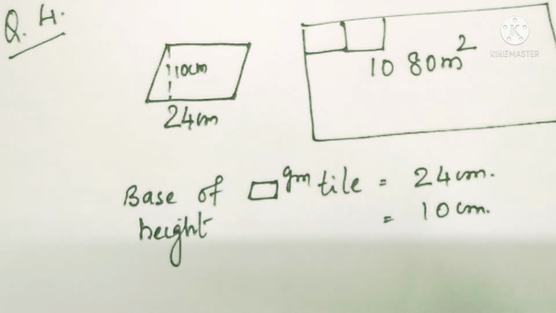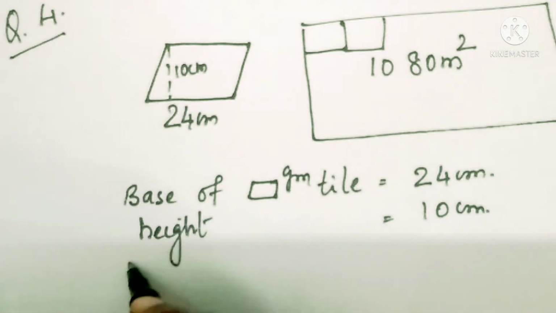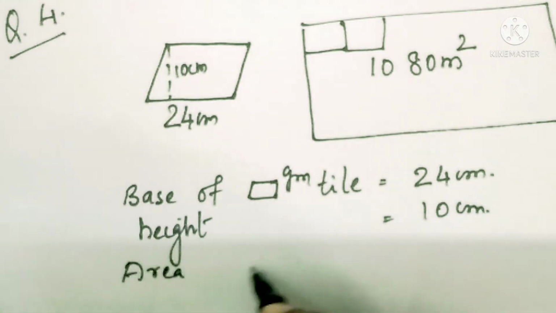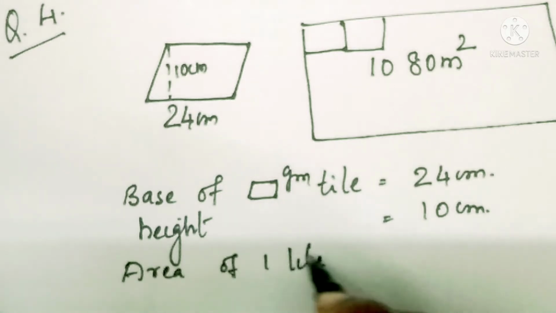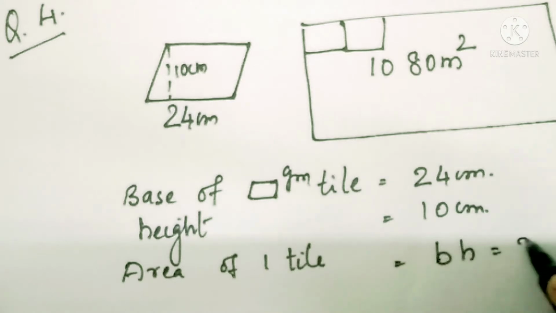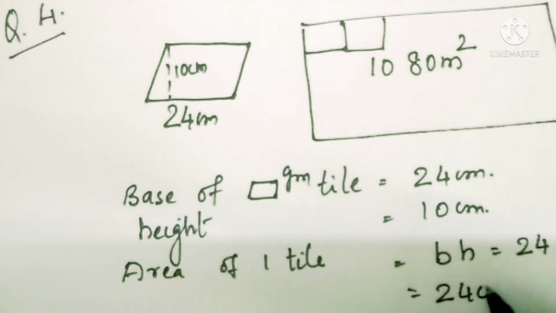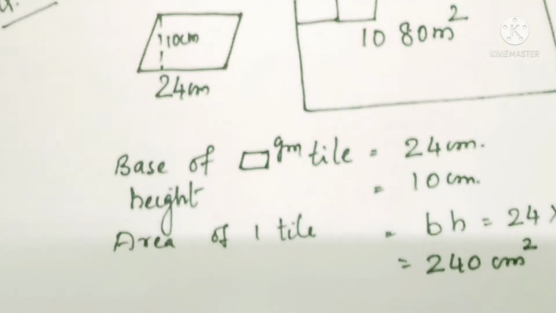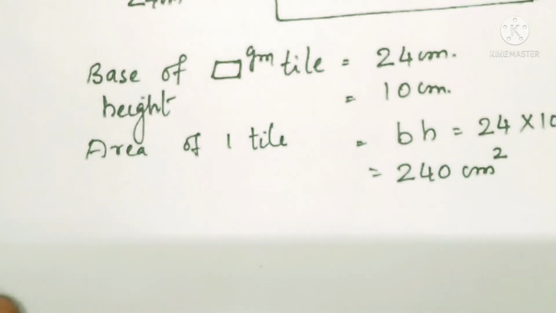Base into height. So the area of one tile is equal to B into H, where B means base. 24 into 10, that is 240 centimeter square. Now this is the area of one tile.